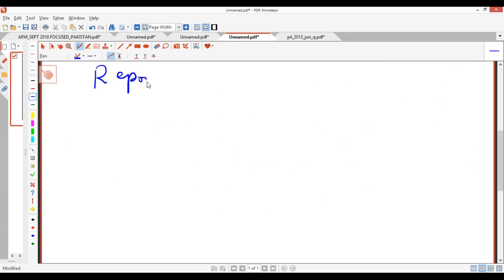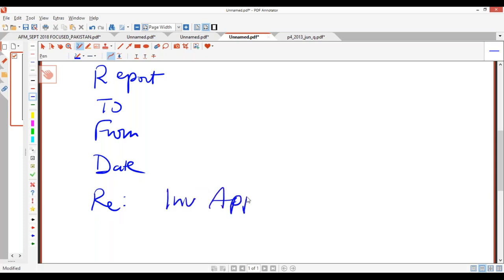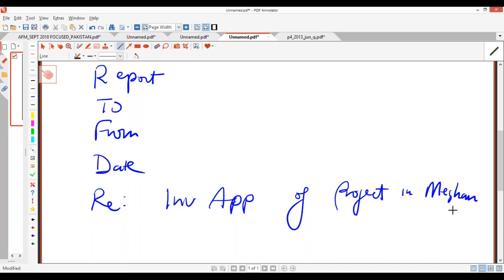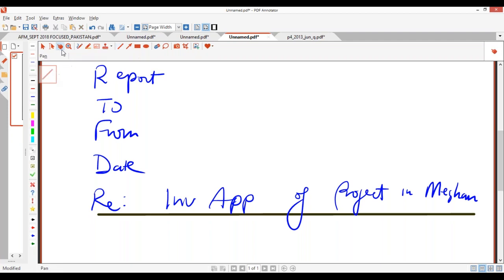You're going to have the word report, to, from, date, and regarding or subject matter: investment appraisal of a project in Megam. Underline it. You get 1 mark for this. You already got 1 mark for the appendix.